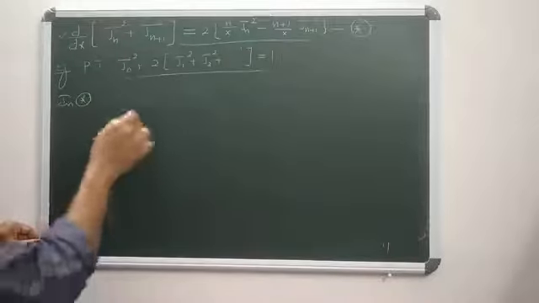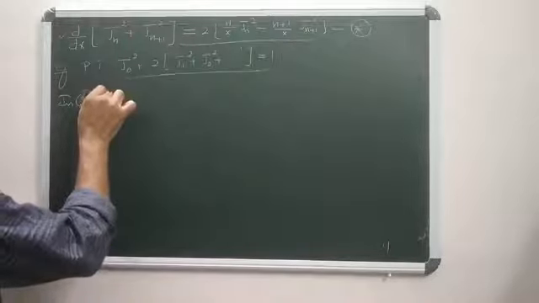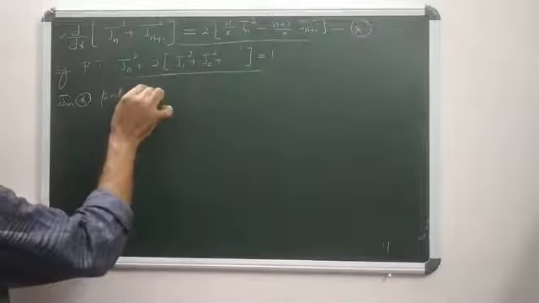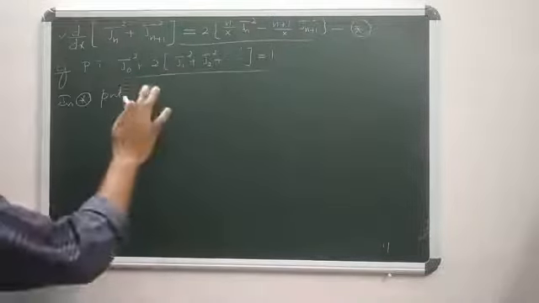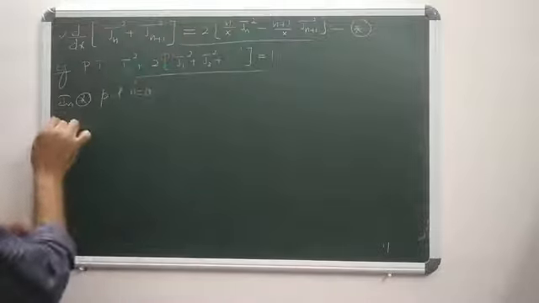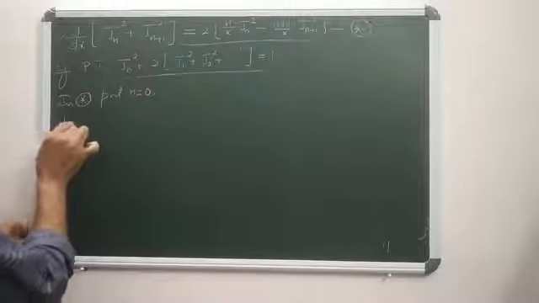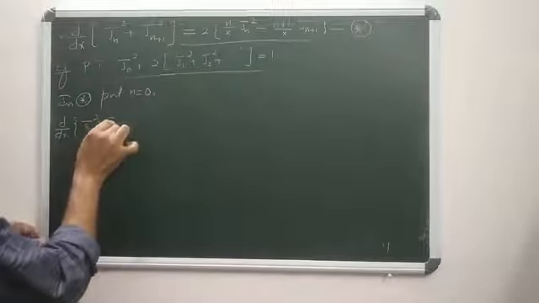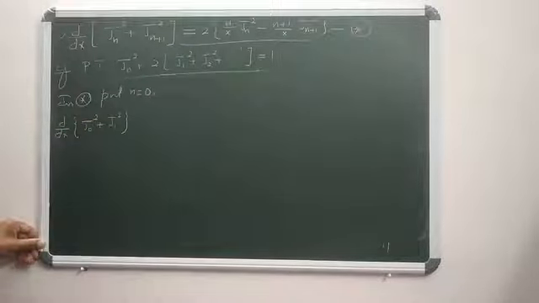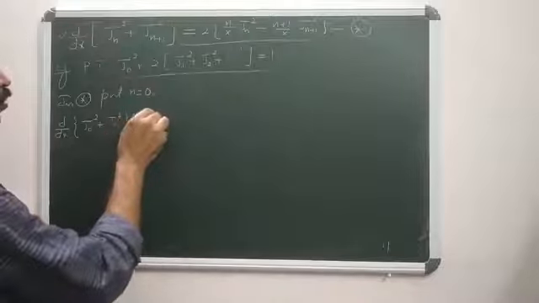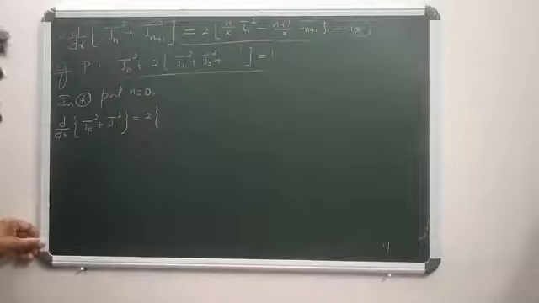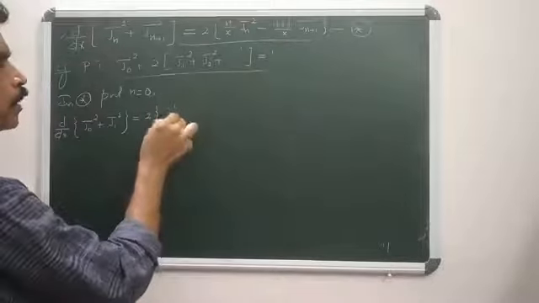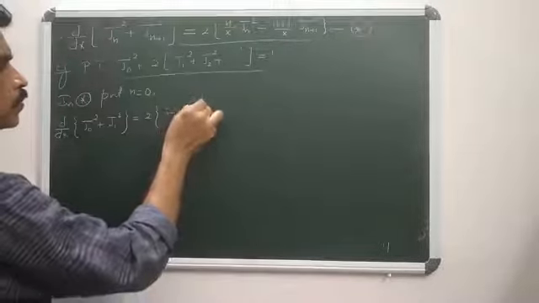So in star, put n equals 0. What do you get? When n equals 0, this becomes d by dx of J0 square plus J1 square equals, right side is 2 into, first n is vanishing. Why? Because n equals 0, minus 1 by x J1 square.